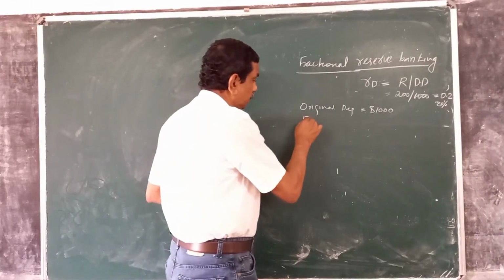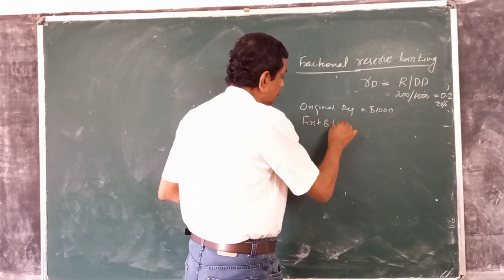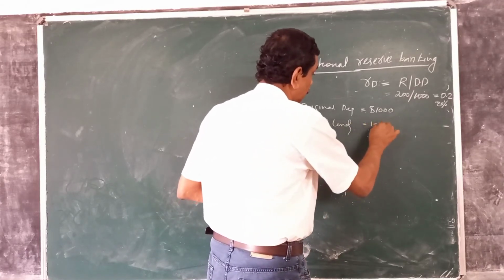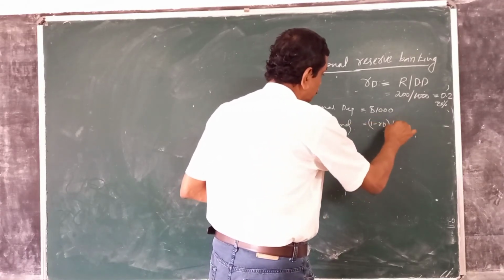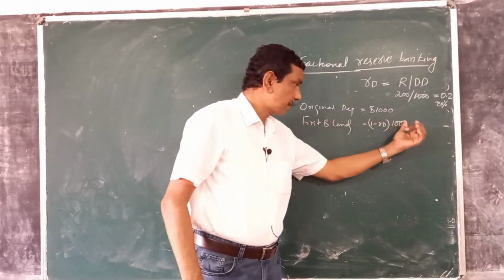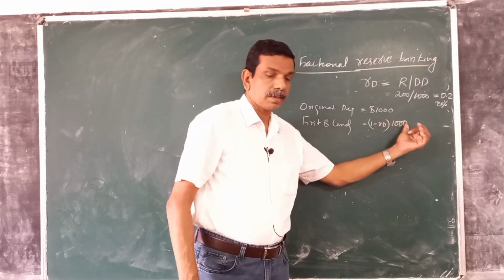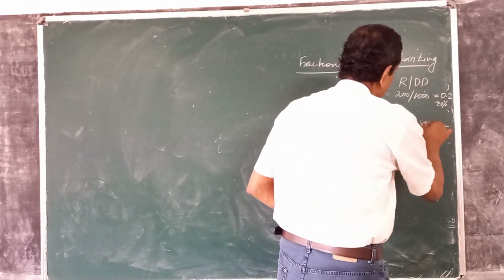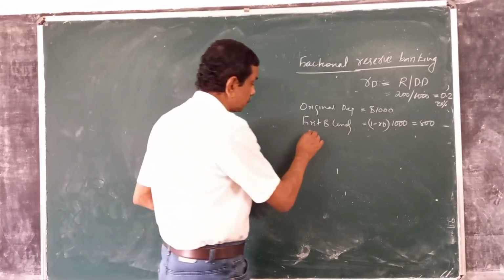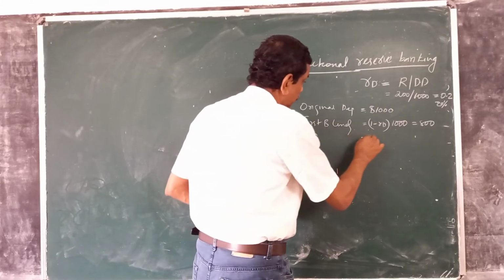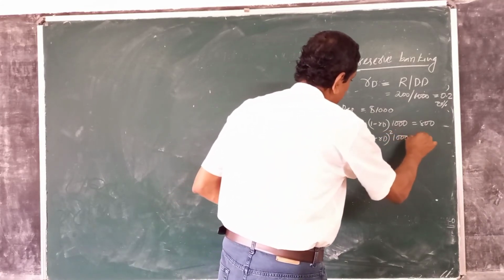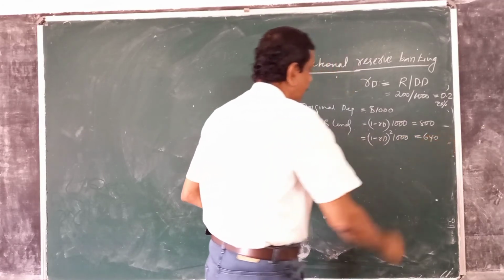First bank lending is equal to, it is 800, can be written as 1 minus RD into 1000. 1 minus RD, that is 1000 minus 0.2 of 1000, that is 800. Second bank's lending is equal to (1 minus RD) square into 1000, that is 640.